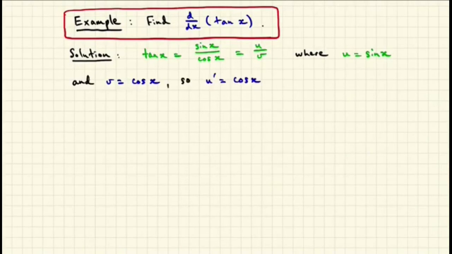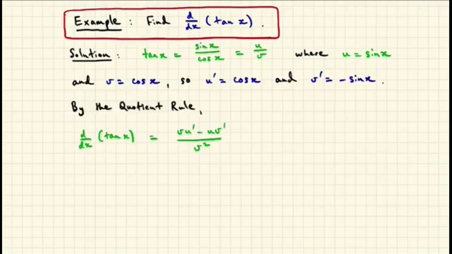By the quotient rule, the derivative of tan x with respect to x becomes v u dash minus u v dash all over v squared. And we can put the pieces together.